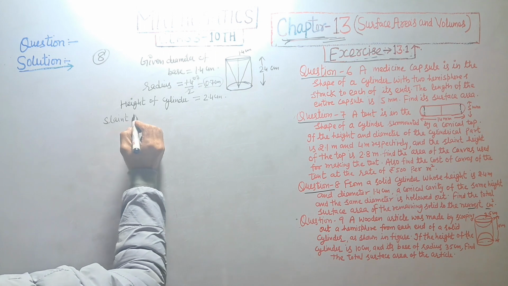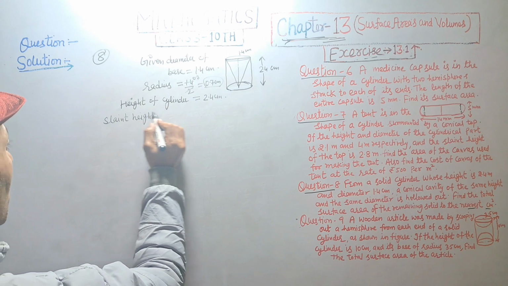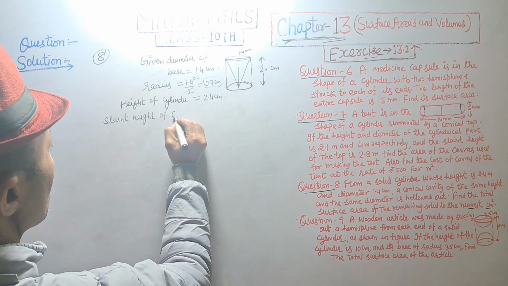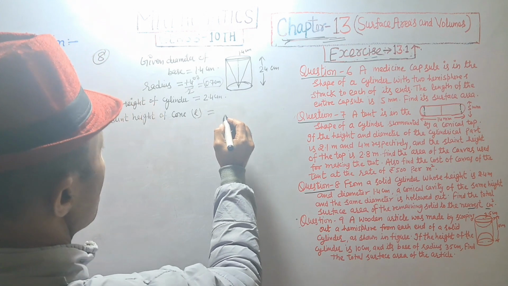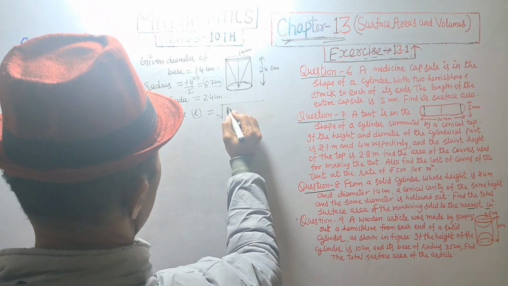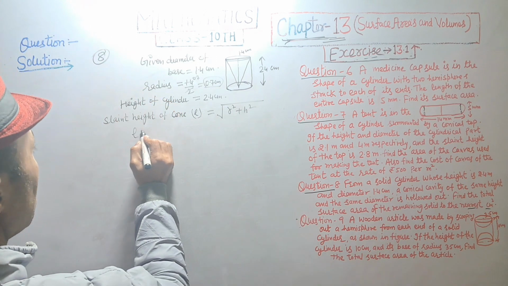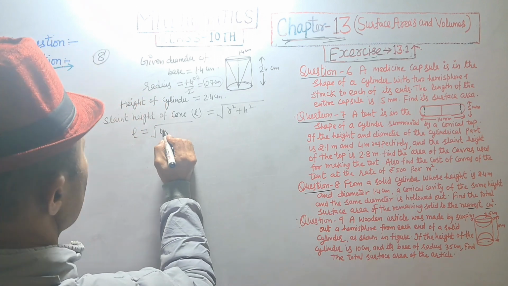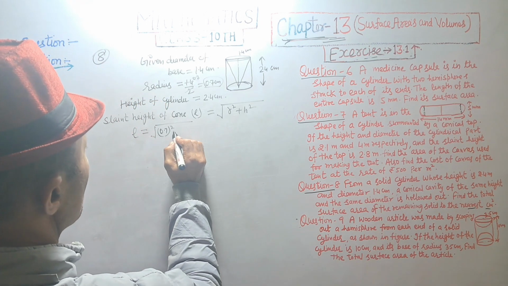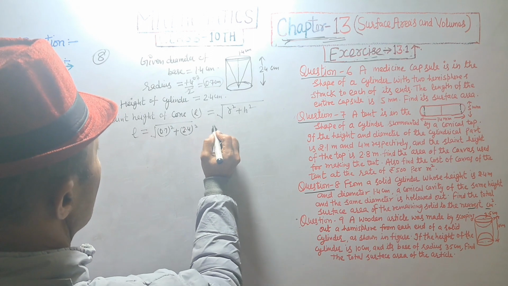Slant height of cone l is equal to under root of r square plus h square. l is equal to under root of r is 0.7 raised to power 2 plus height is 2.4 raised to power 2.